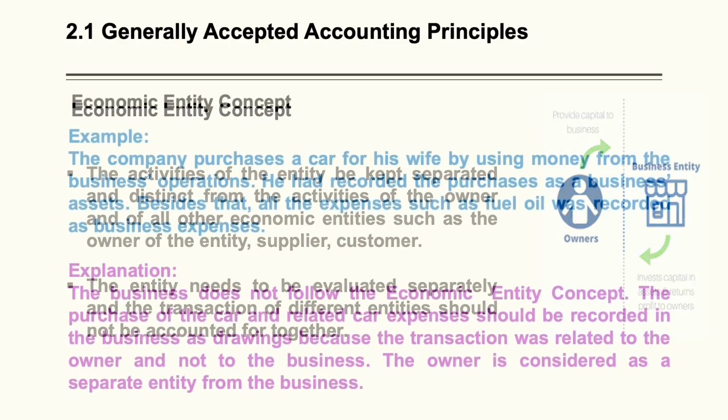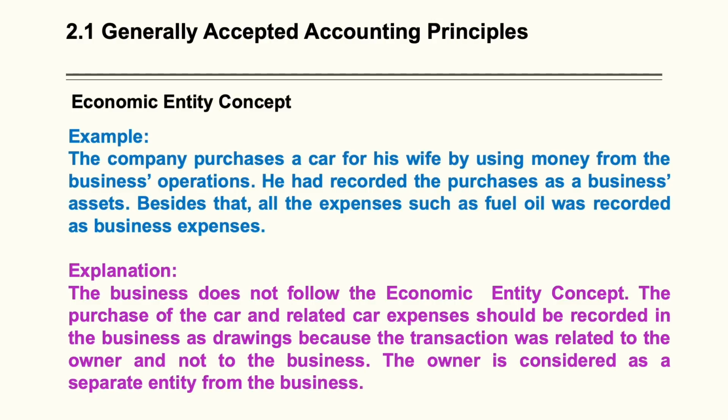The owner purchased a car for his wife using money from the business operation. He recorded the purchase as a business asset, and the expenses such as fuel and oil were recorded as business expenses. Can we do that? Based on the economic entity concept, the business is not supposed to record it as an asset, because this does not follow the concept.